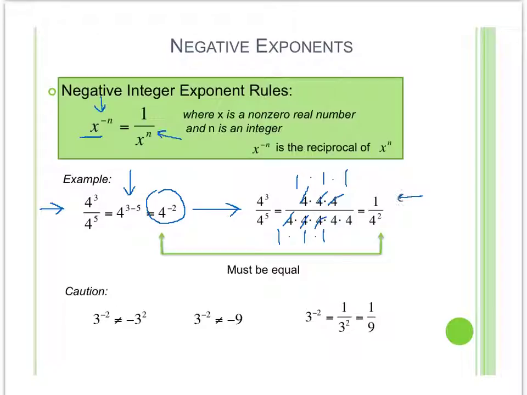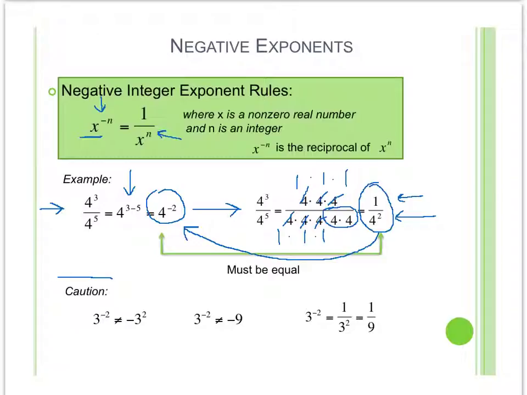So the numerator is going to be 1, where the denominator we have 2 4's left, so that in exponential form is going to be 4 to the 2nd power. Therefore, we know that 1 divided by 4 to the 2nd power must equal 4 to the negative 2nd power, which therefore proves the negative integer exponent rule.